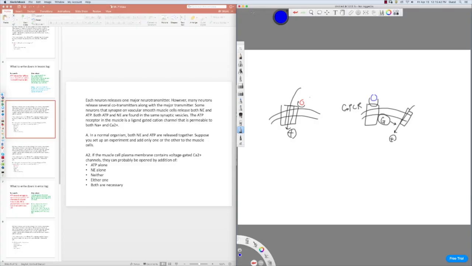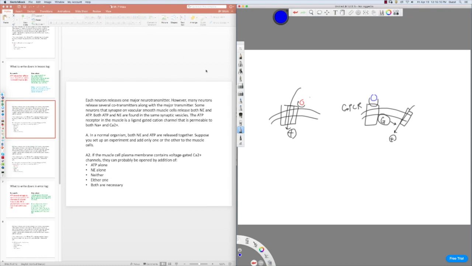Okay, so let's move on to problem A2. Problem A2 asks, if the muscle cell plasma membrane contains voltage-gated Ca2+ channels, they can probably be opened by addition of what? Voltage-gated channels open when there's a change across the voltage of the membrane they're part of, right? It just so happens that in this case, Ca2+ ions will be moving in when this voltage-gated channel opens.